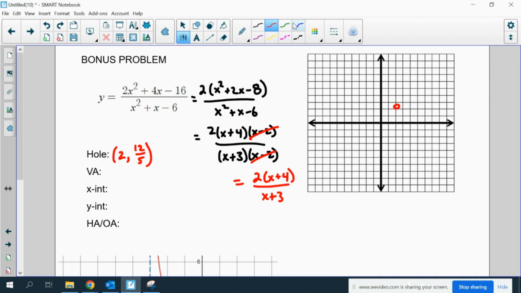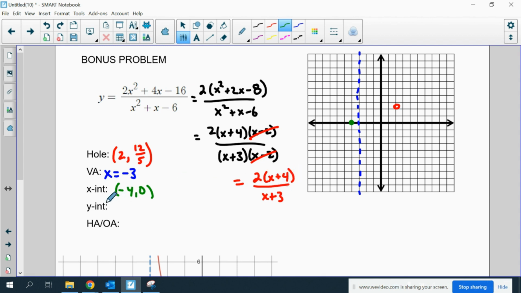Vertical asymptote is going to be at x equals -3. It's where the denominator equals 0. X-intercept is where only the numerator is equal to 0. So that's at (-4, 0). Y-intercept is what happens when I substitute in 0 for x.